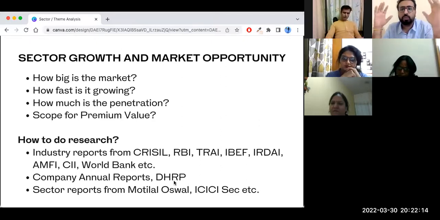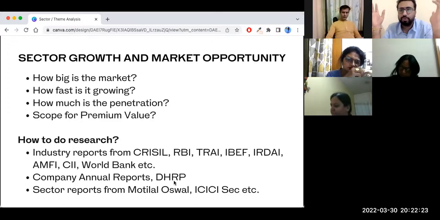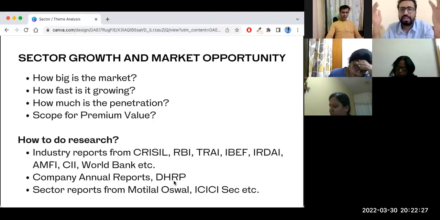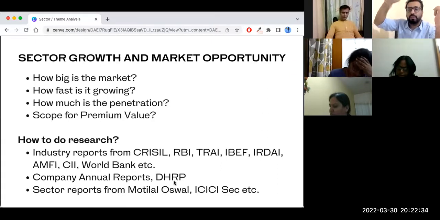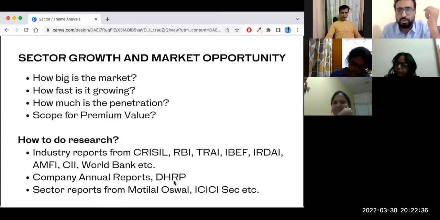They are not biased towards any business. So the first level understanding we should always get from these centralized body industry reports, right? Then you should try to get understanding from DRHPs, and then maybe go towards Motilal Oswal, ICICI Securities. If you're not getting any information from the above, then you can go to Motilal Oswal, ICICI Securities also.